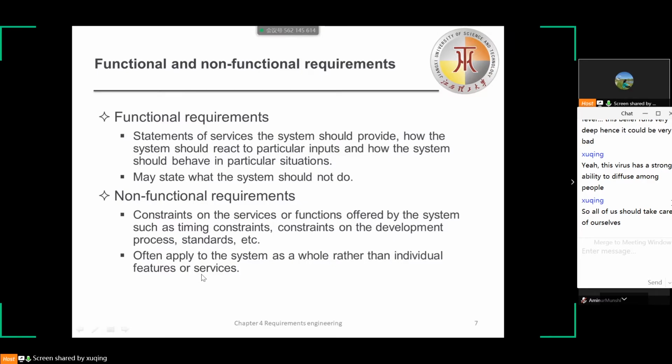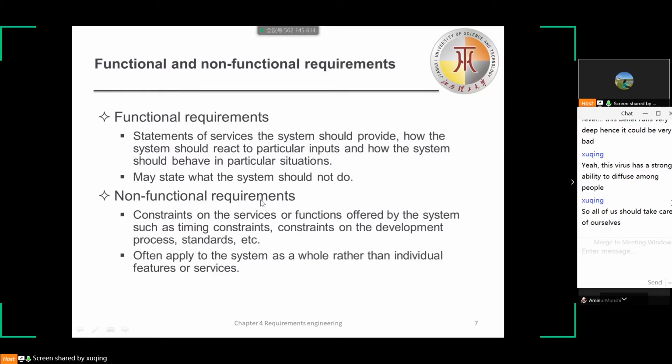Here we see that for functional requirements, we talk about the services, how the system will react to particular inputs and how the system behaves in particular situations. We consider the system normally as an integrated system. We may also state what the system should not do.